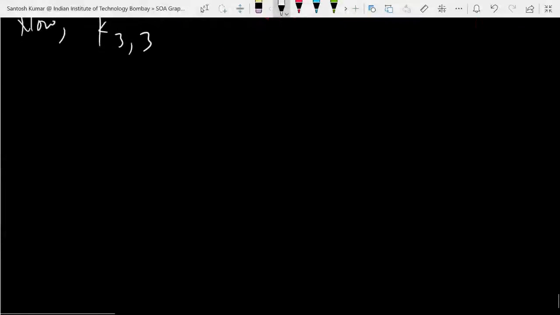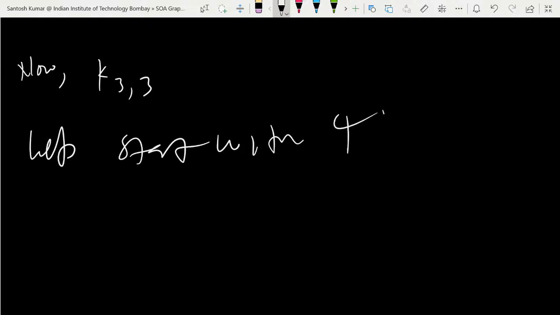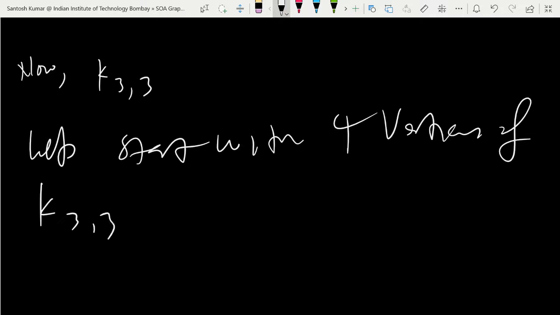Now come to K33. K33 has 6 vertices, so you can start with 4 vertices of K33, without crossing edge.